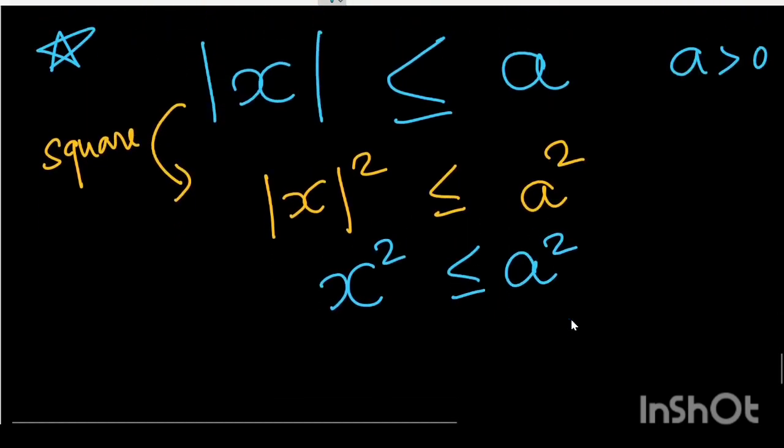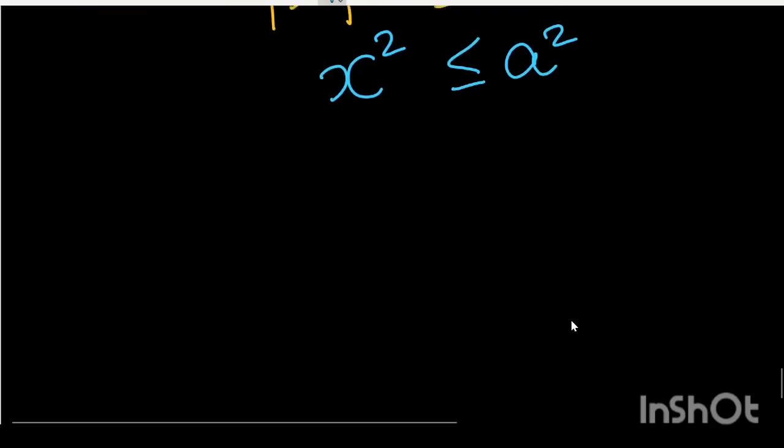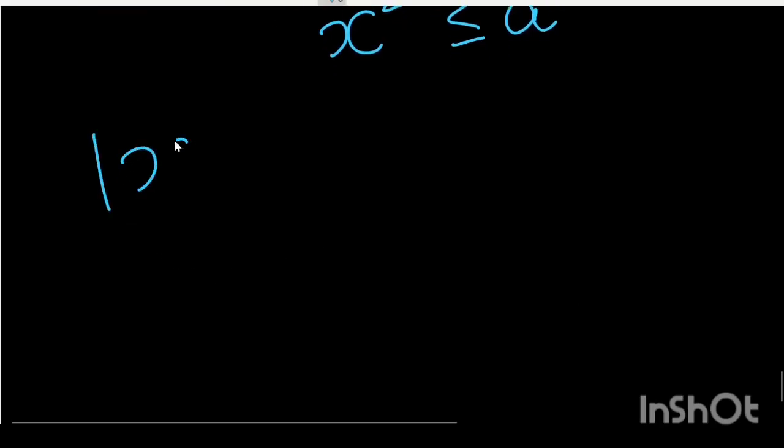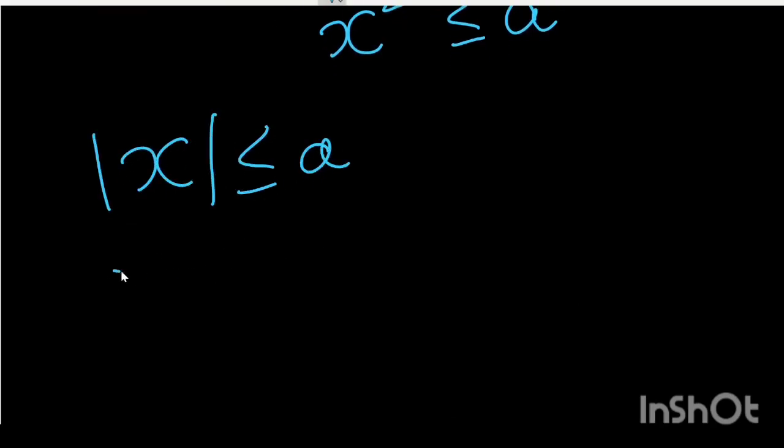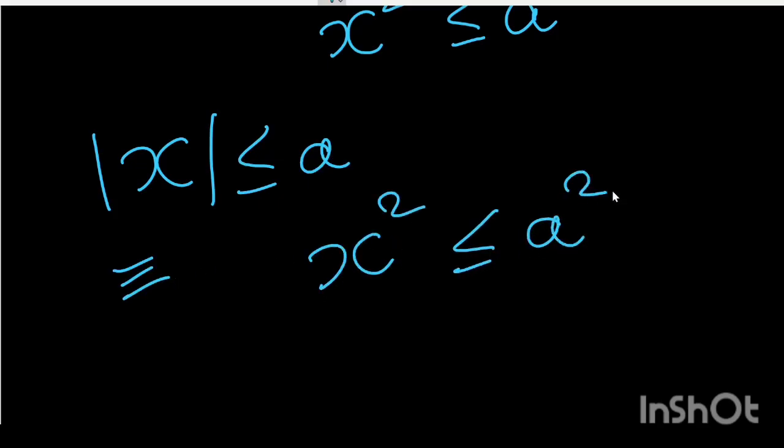Okay, so as you can see here, mod x less than or equal to a is similar to x square less than or equal to a square. So whatever the solution of x square less than or equal to a square we know, the same would be for mod x less than or equal to a.